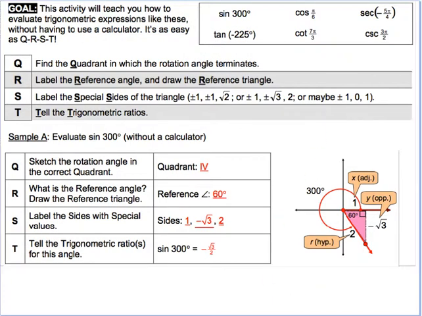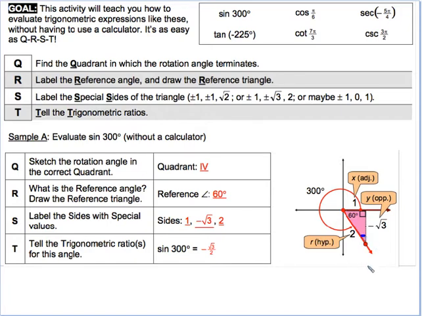So if we look at this, the easiest thing to do is to first figure out exactly where 300 degrees is. Well, a rotation angle of 300 degrees puts us in our fourth quadrant. And notice that they've all of a sudden labeled everything. If our rotation angle is 300 degrees, that means our reference angle is going to be 60 degrees, and this is our 90-degree angle, so this angle here is 30, and guess what?